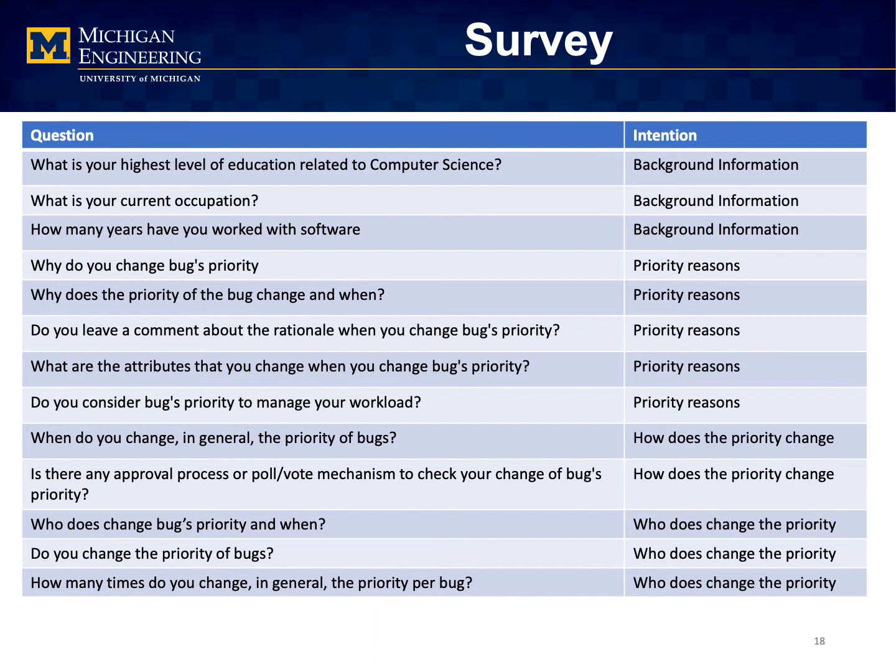The other questions focus more on observing our participants' behavior: the possible reasons they may change priority, the date and time they may consider changing the priority, and who can change priority in their own software projects.